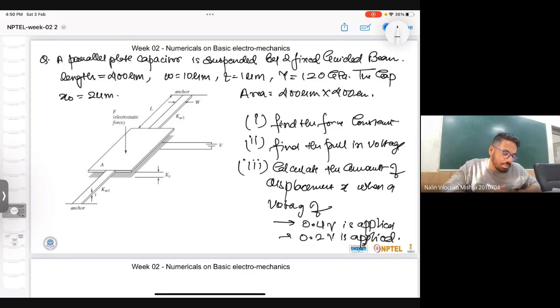So tell me, these beams are what, guided beam, or I've given it fixed? It's fixed guided beam. Okay. So what is the coefficient for fixed guided beam? Can anyone tell?